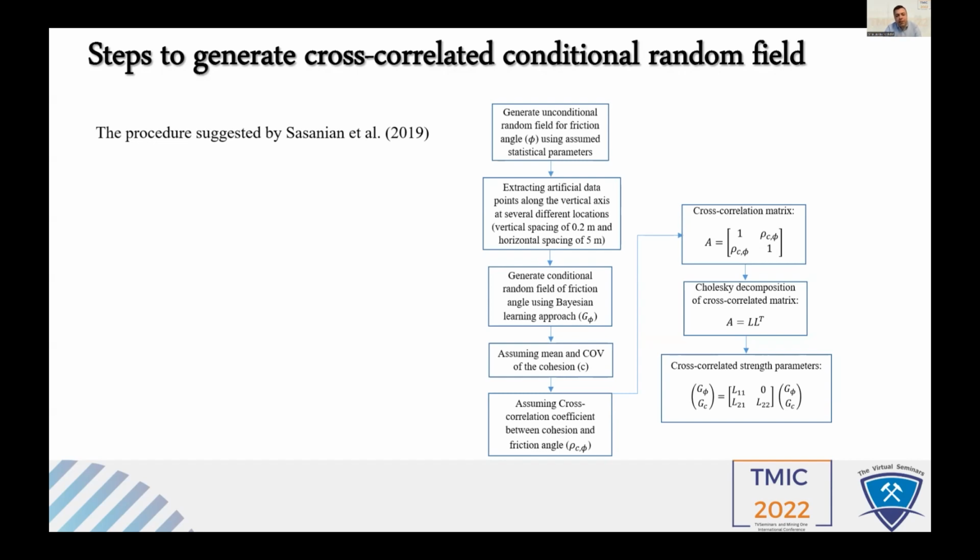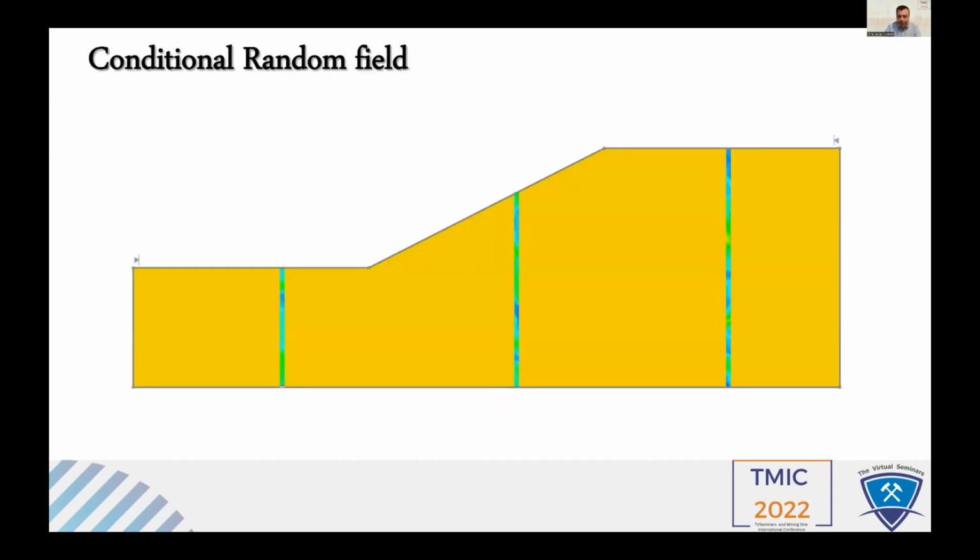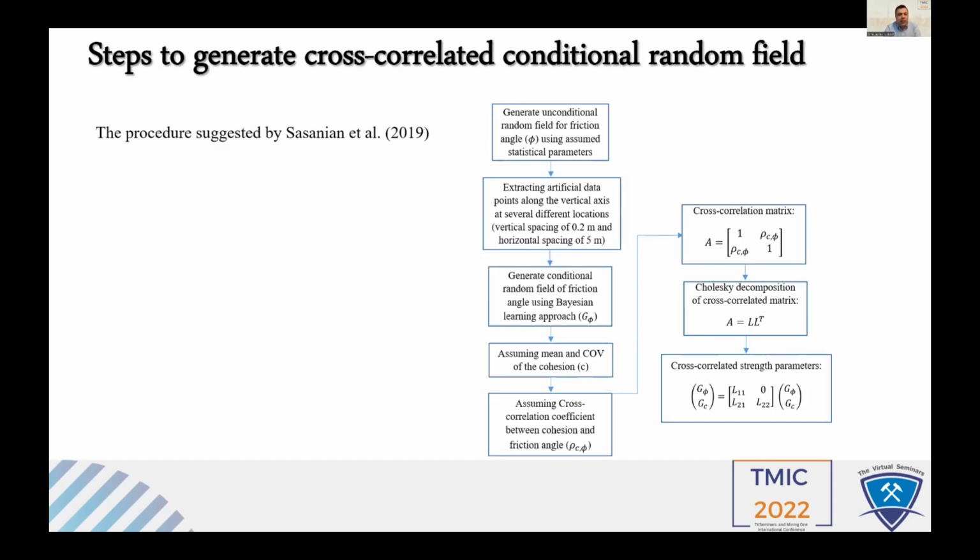And then we used these artificial CPT data that we generated to condition our field for friction angle using a Bayesian approach. And then we assumed the mean and standard deviation for cohesion. We assumed the cross-correlation value between cohesion and friction angle, and then we generated a conditional random field for cohesion as well.